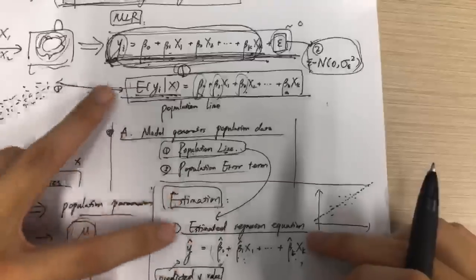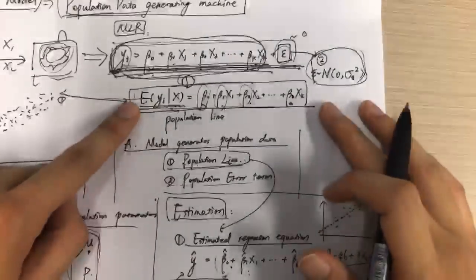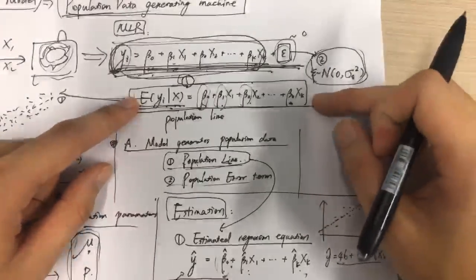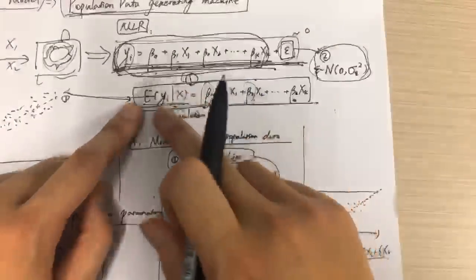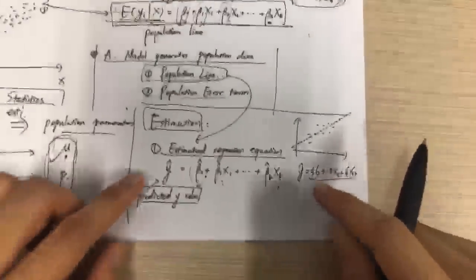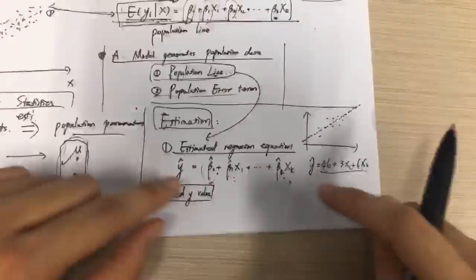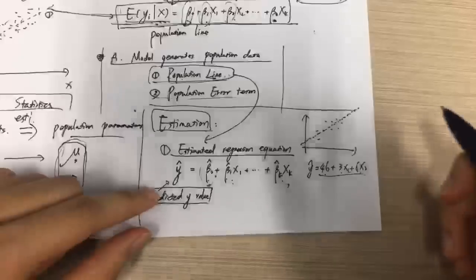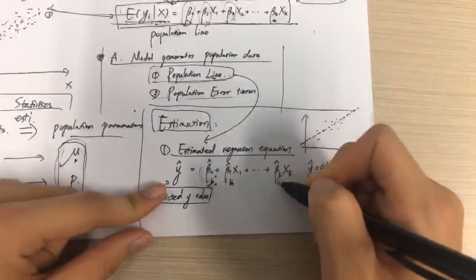The difference between the sample estimated equation and the population regression equation: the population regression line is the expectation line. You probably have noticed that in your Aplia weekly homework. And your sampled line is beta 0 hat, beta 1 hat, beta k hat, that sort of thing, with the real numbers. Also in your Aplia, sometimes it's B0, B1, or BK.